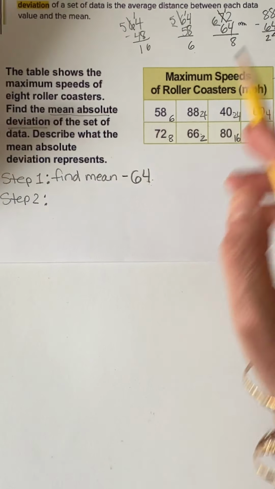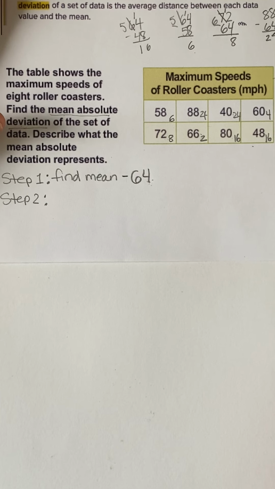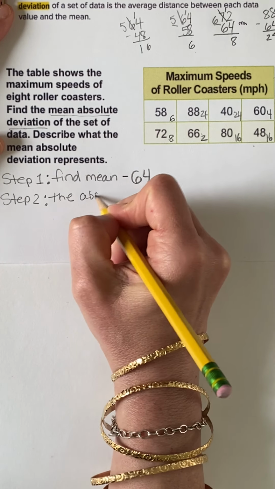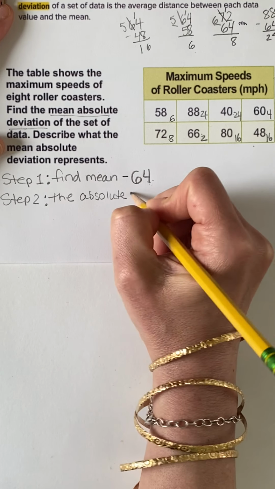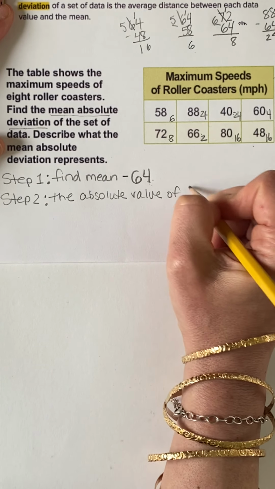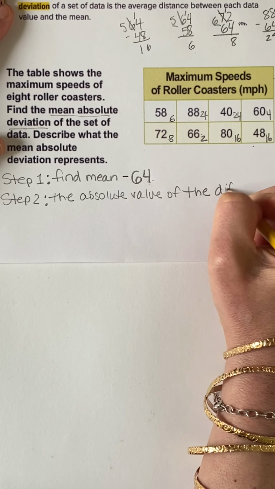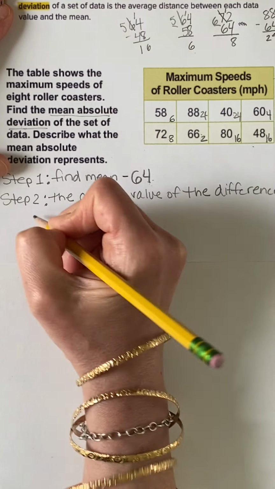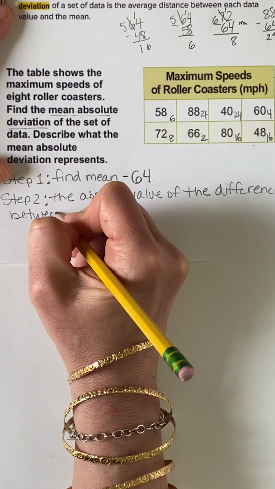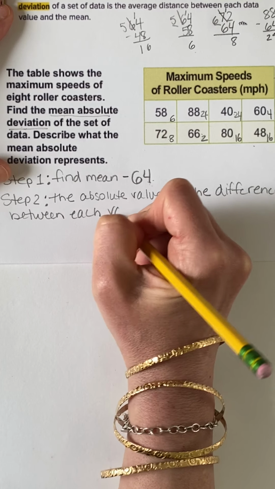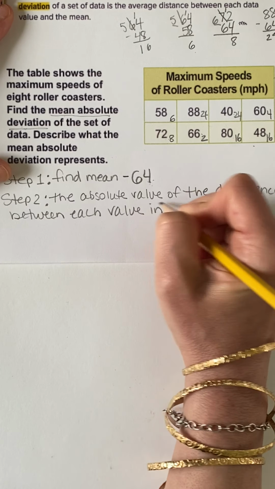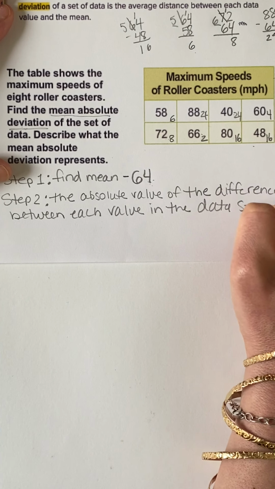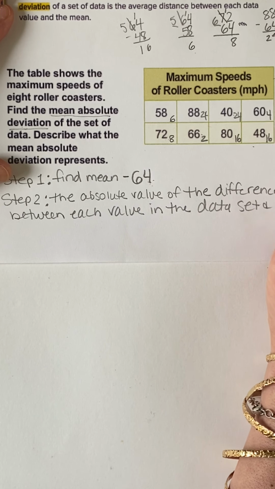So I am going to find the absolute value of the differences I subtracted between each value in the data set and the mean.